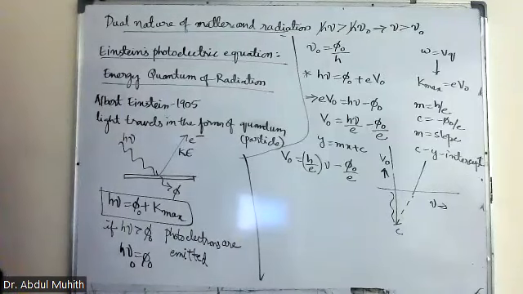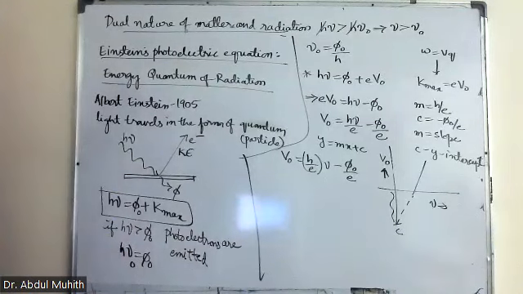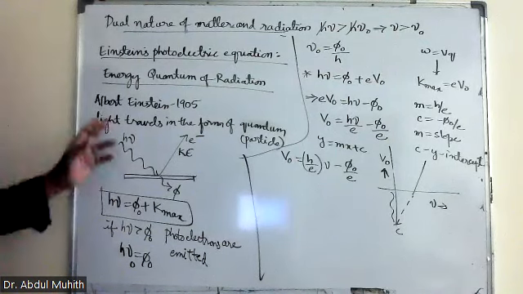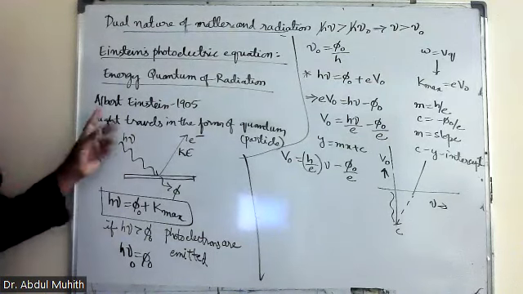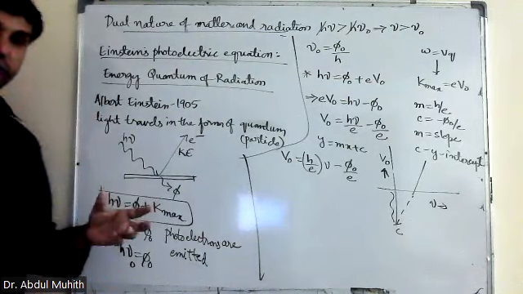So in Einstein's photoelectric equation, what we have now. Albert Einstein in 1905 gave the experimental study of the photoelectric effect.